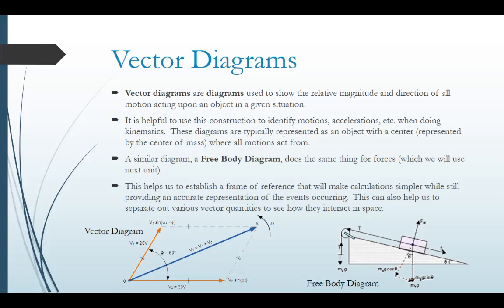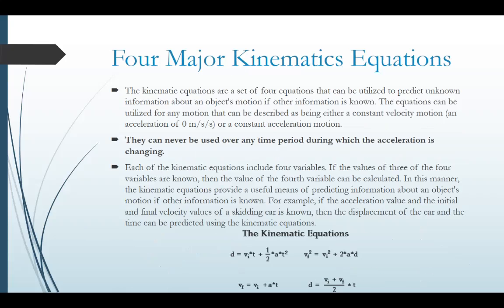Now, there are four major kinematic equations, and I've included them here. They can be utilized to predict unknown information about an object's motion if the other information is known. And they've been well tested, and so they're very valuable. But you can see that we're going to definitely have to do some algebraic manipulation to solve for a particular variable depending on which equation we're using. They can never be used over any period of time during which the acceleration is changing.